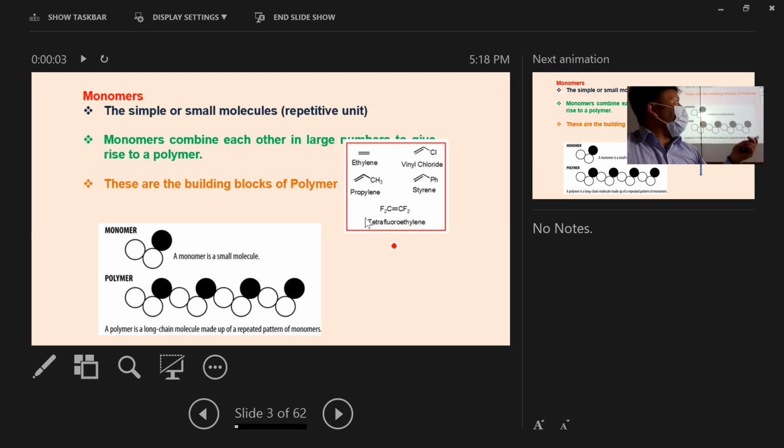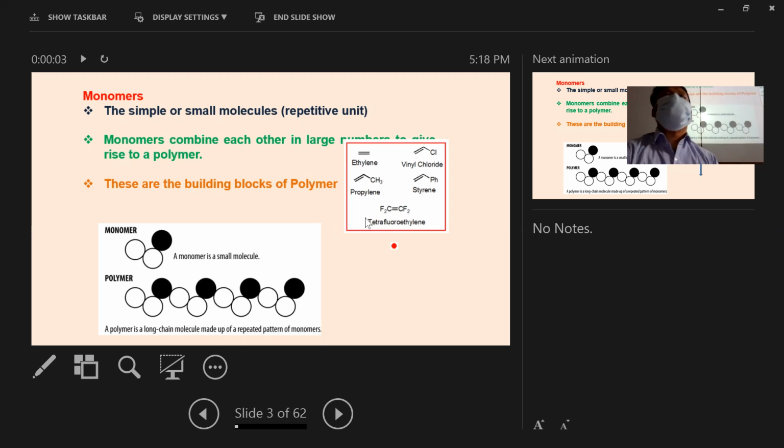Here you can see vinyl chloride and polyvinyl chloride. This is a monomer, and if we combine or add many of the monomers, then we can have a polymer. We are using vinyl chloride, now add one word, polyvinyl chloride, and you will get PVC.